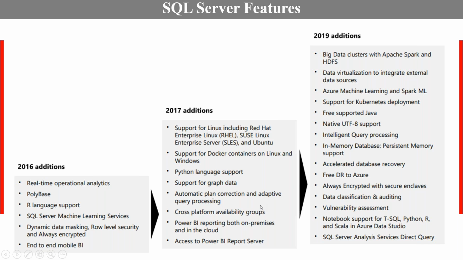In 2019 you can install Docker and even build a big data cluster. A lot of enhancements were done in each version. 2019 is designed by Microsoft based on machine learning.